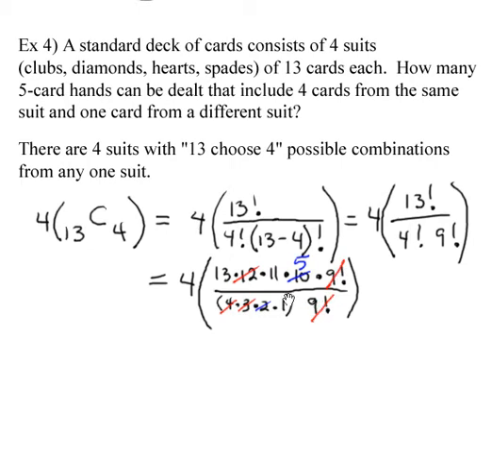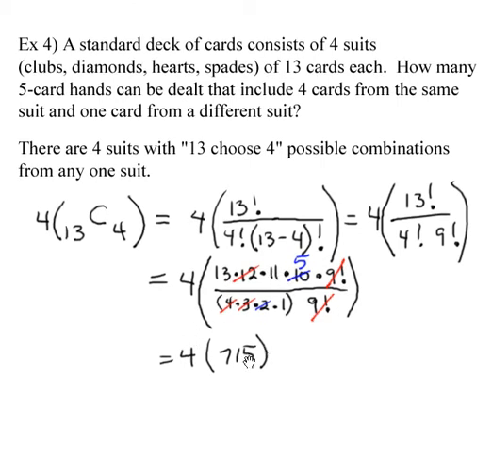The 9 factorials divide out. 10 divided by 2 is 5. 4 times 3 is 12, and so that will divide out to 1 with the numerator there. Continue to simplify. We've got 13 times 11 times 5. That's 715. And don't forget, that's 13 choose 4 for one suit. We need to multiply that by 4 because there are 4 suits, and that gives us the choice of 2,860.